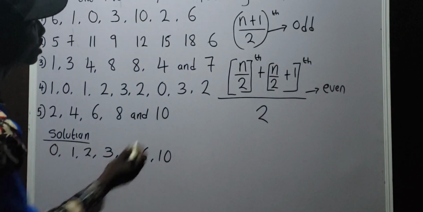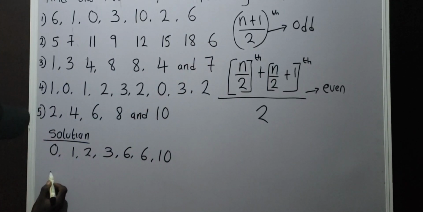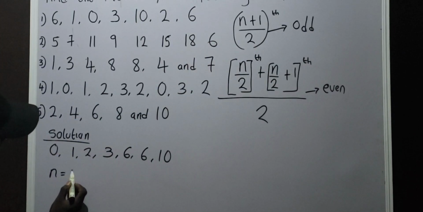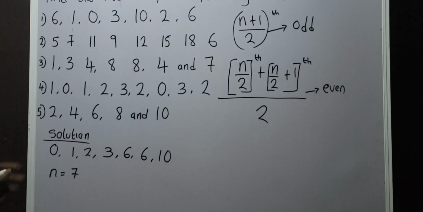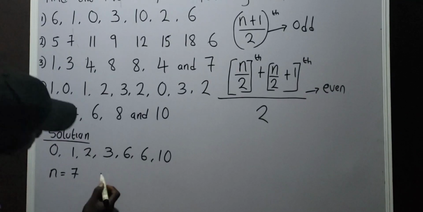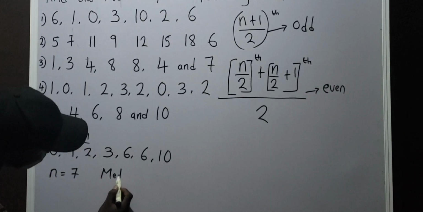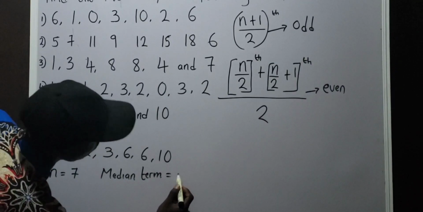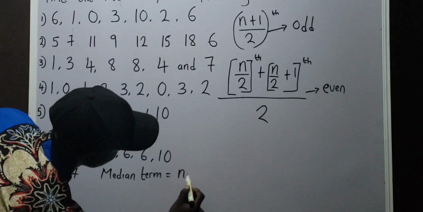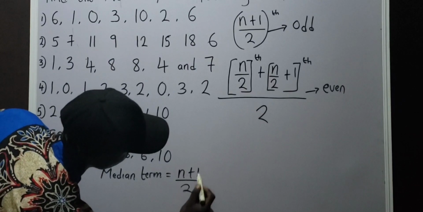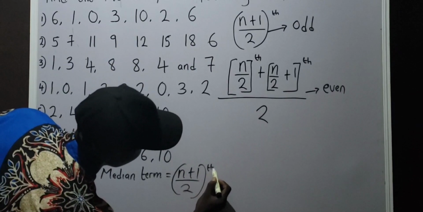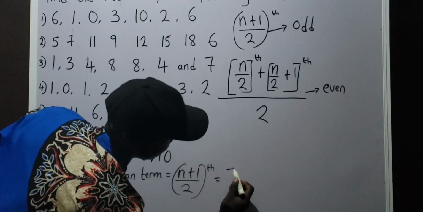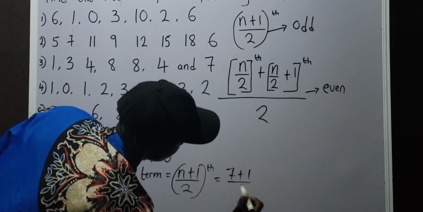Since n is equal to 7, which is the total number of elements in the data set, I can proceed by substituting the value of n as 7. So the median term is equal to n plus 1 all over 2, which is equal to 7 plus 1 all over 2.